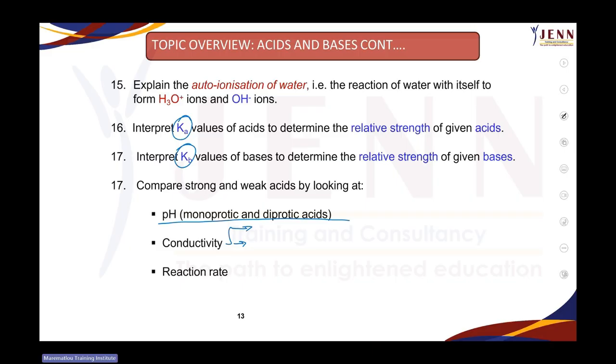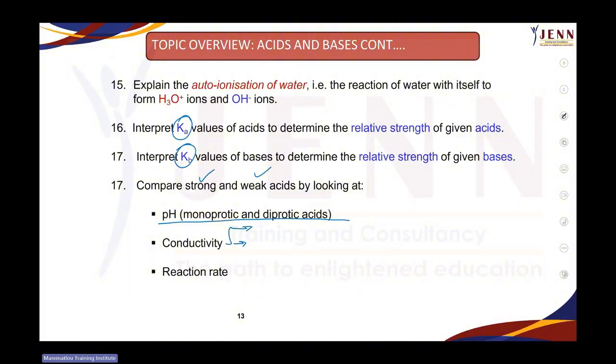But this is not talking about concentrated. It's just talking about the strength of an acid and the strength of a base, not about a concentrated or diluted solution. I hope you understand that. It's just referring to the definition that we know of what is strong and what is weak.